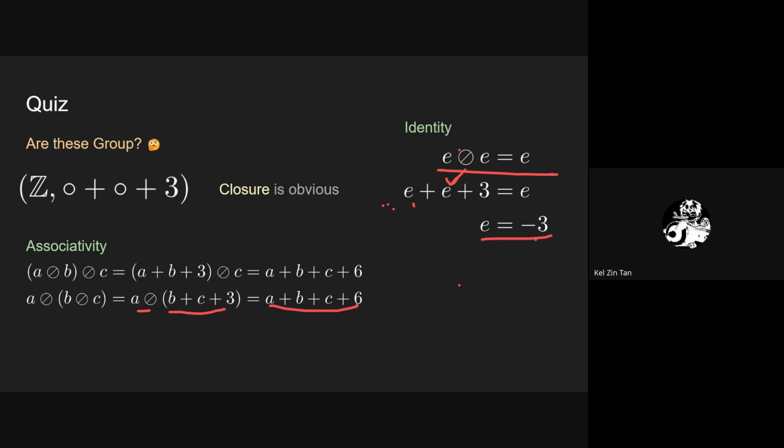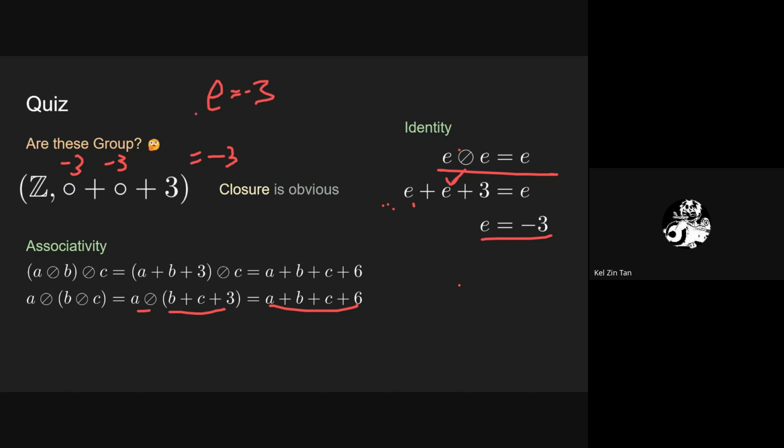Okay, this could look a little bit weird, but it holds, right? If I sub in negative 3 here, what I get in the end is negative 3, which is our identity. So our identity here is not 0, but it's negative 3. It might not be that intuitive at first, but I kind of force it to be negative 3 because of this operation.